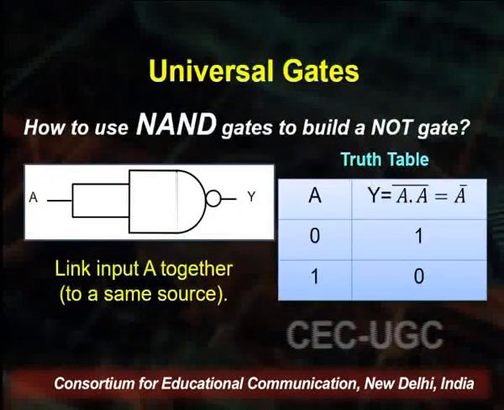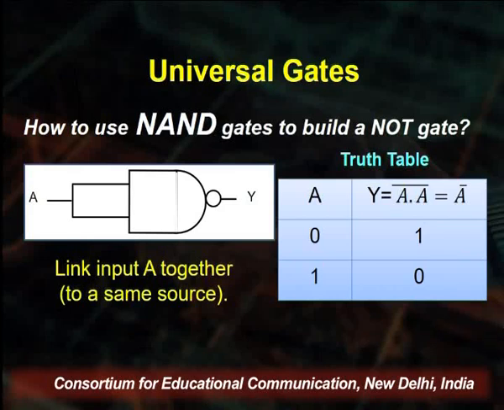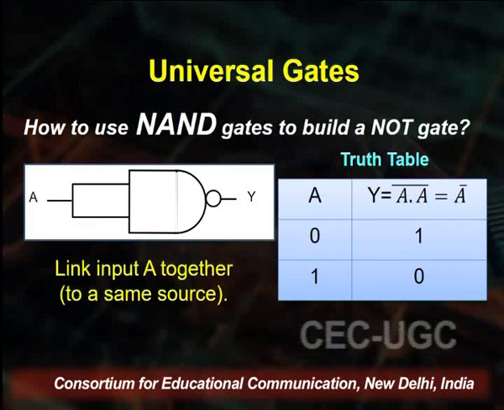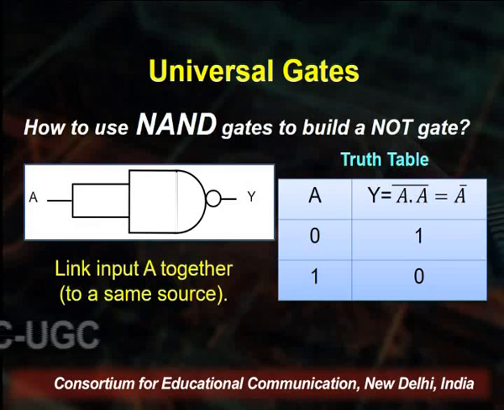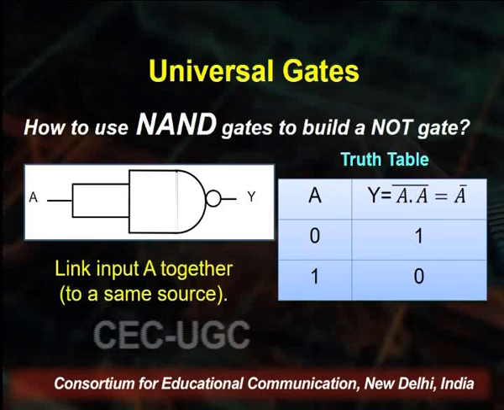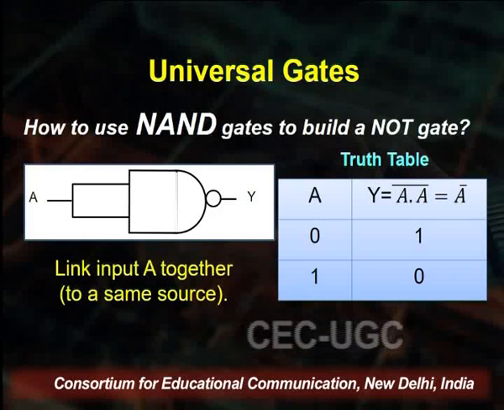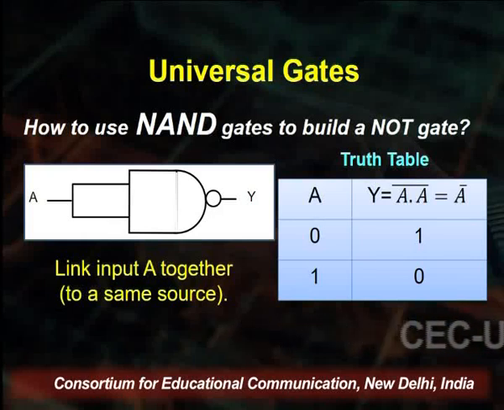So, in this case, as the figure shows, when we short both the inputs of the NAND gate, that is, there is only one input now going to both the inputs, only one value of input is provided to both the inputs of the NAND gate, the output is the complement.